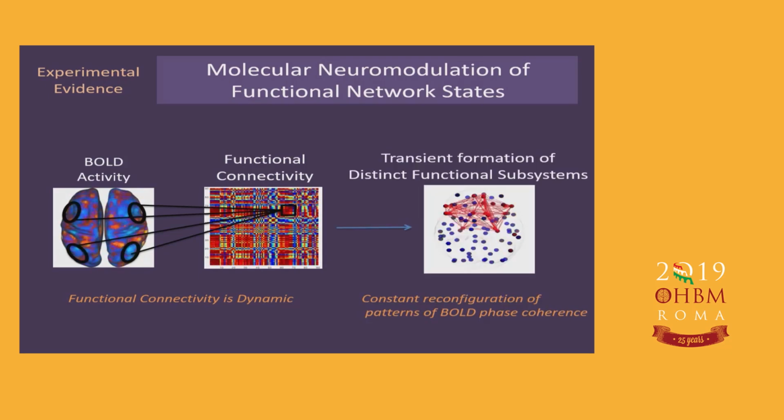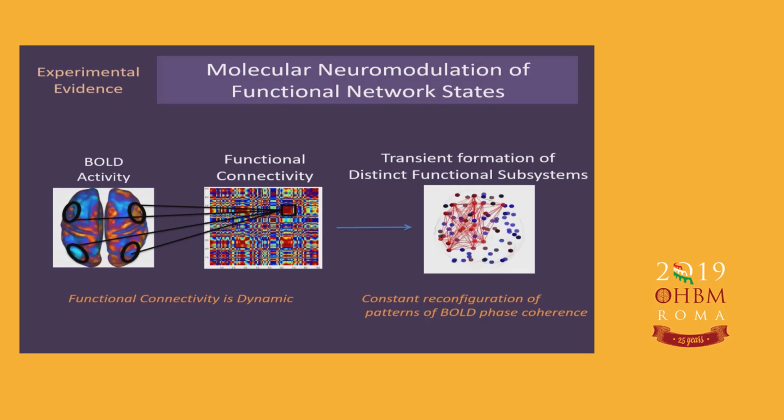And if we manage to go into faster temporal scales, even with fMRI signals, with a measure that considers instantaneous functional connectivity by focusing on the synchrony of the BOLD phase at each instant of time, we can see that there is a constant evolution of functional patterns.